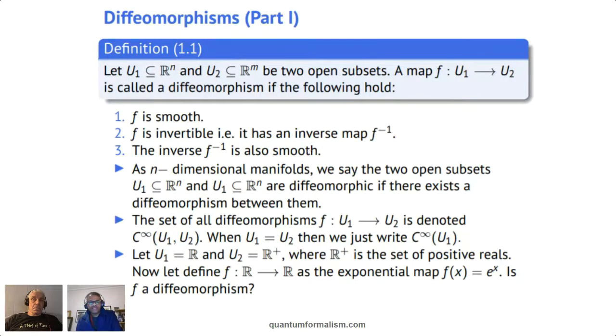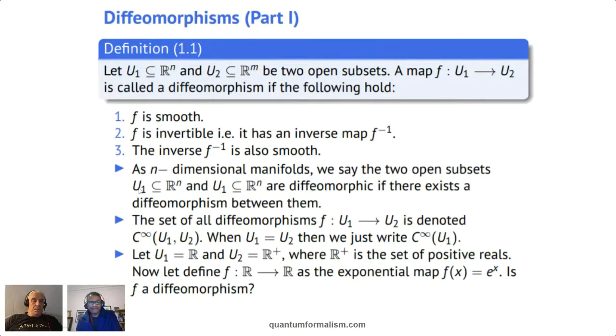So this is already telling you that not all C^k maps are invertible, right? Obviously, I forgot to say, these being open subsets of R^n and R^m, they are manifolds.